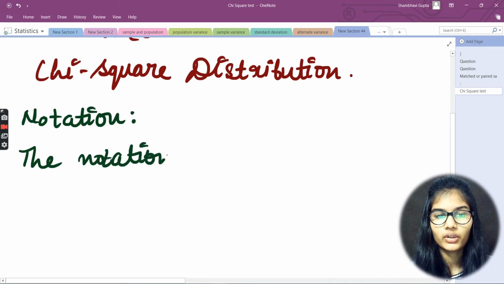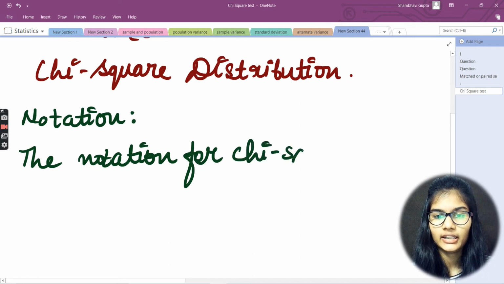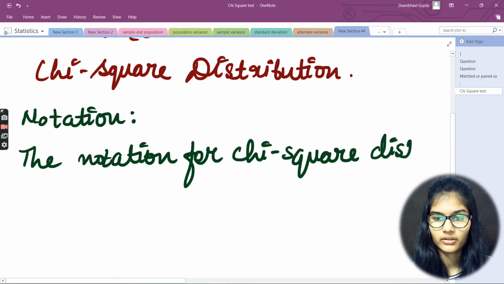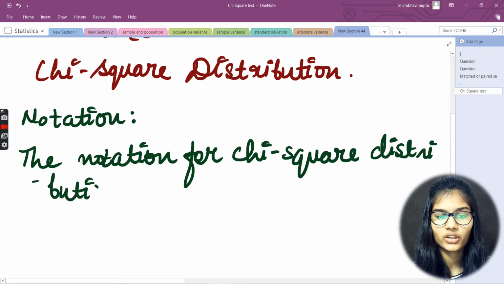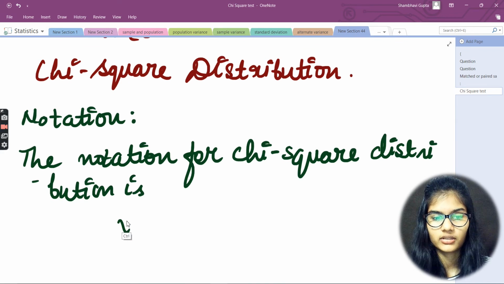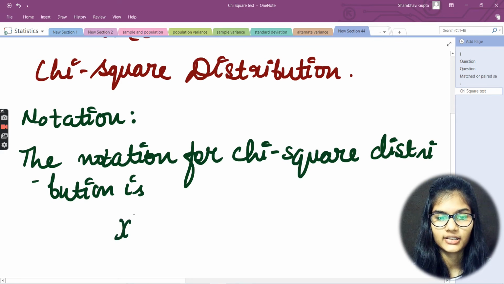The notation is that we simply write x, something like this. X squared, and that's approximately equal to, I would just put it simply like this.